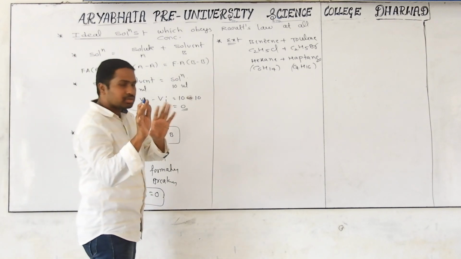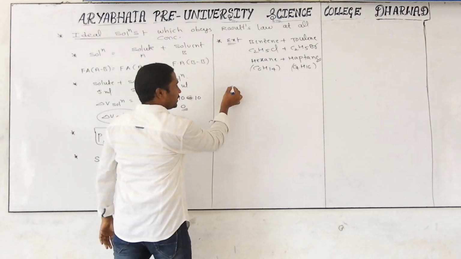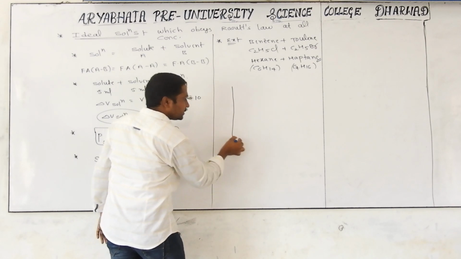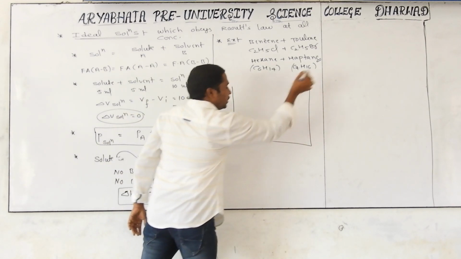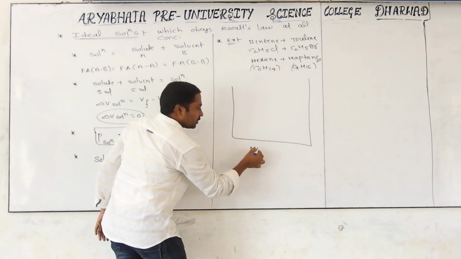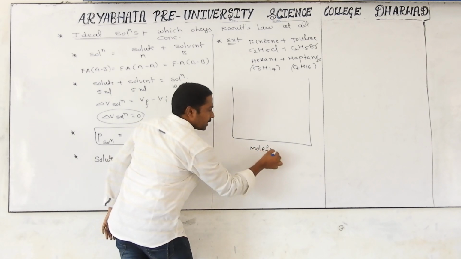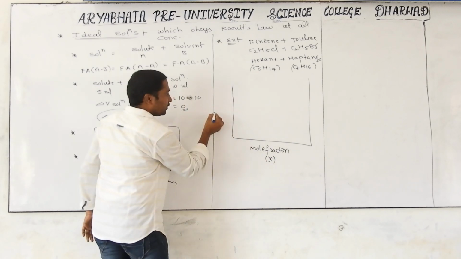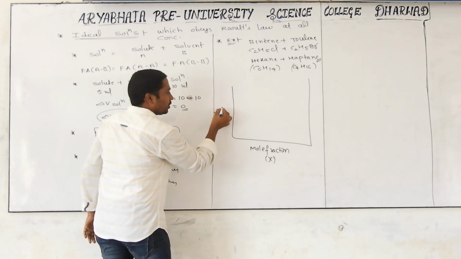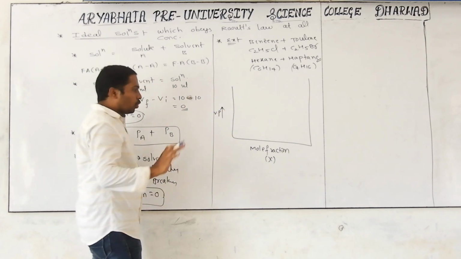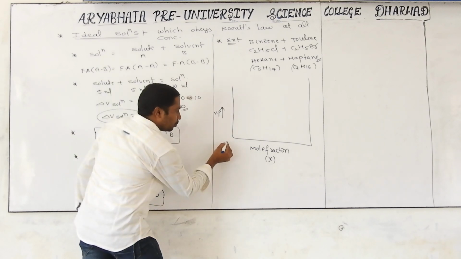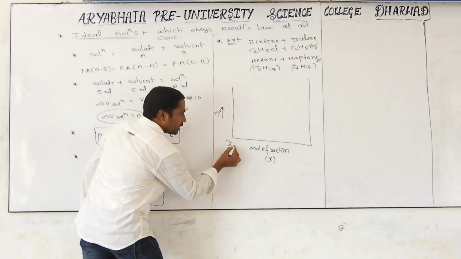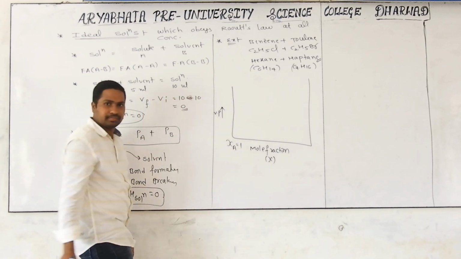For this, I will show some information or a graphical explanation. See, for example, take mole fraction on the x-axis and vapor pressure on the y-axis. First of all, take the mole fraction of the A component equal to 1.